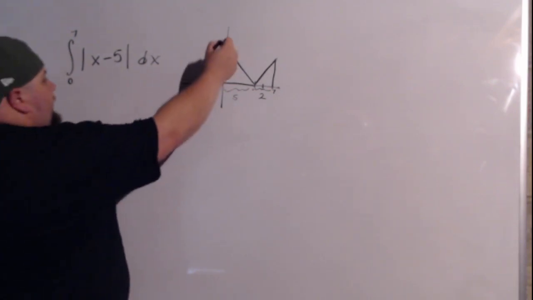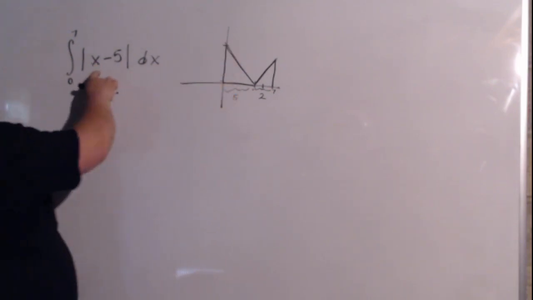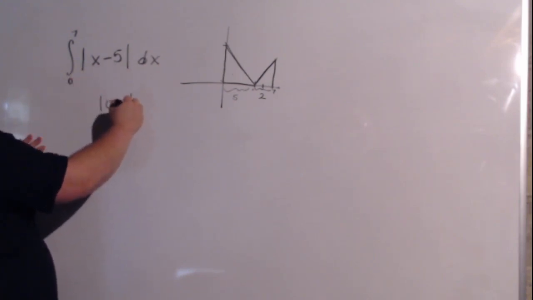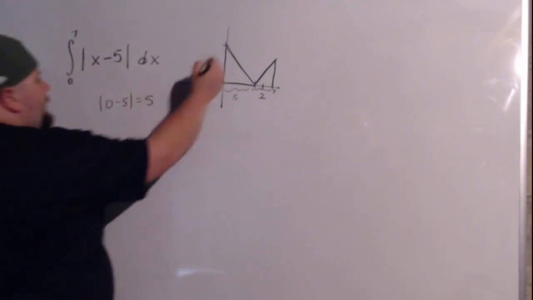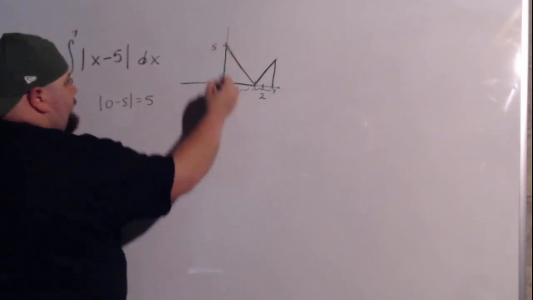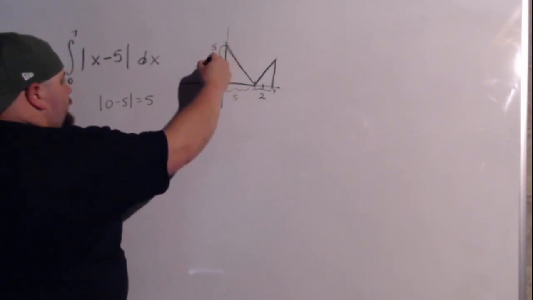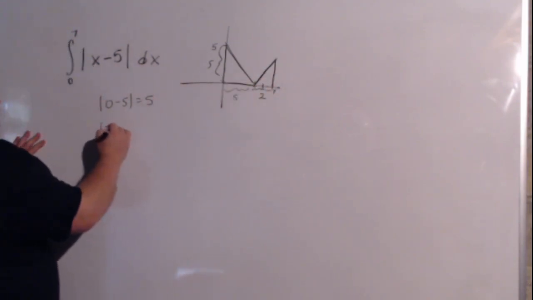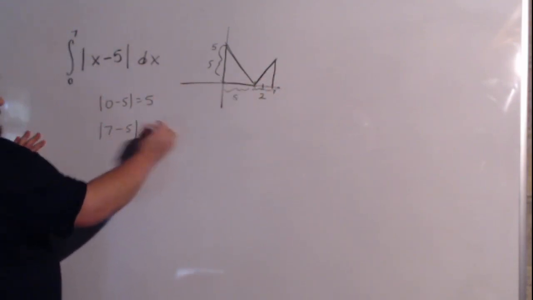Now the question is, what's the height? So when you plug 0 into the absolute value here, you get back 5. And for this one, you plug in 7, and you get back 2.